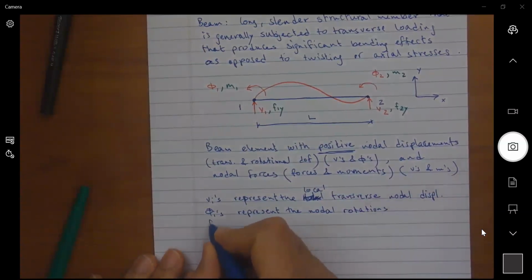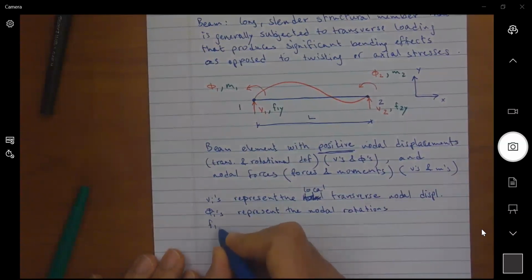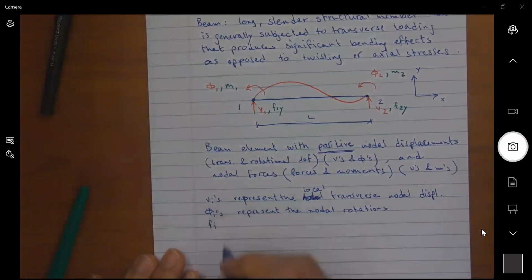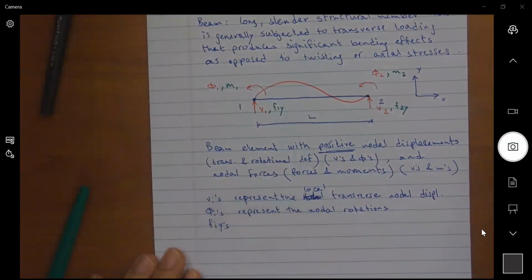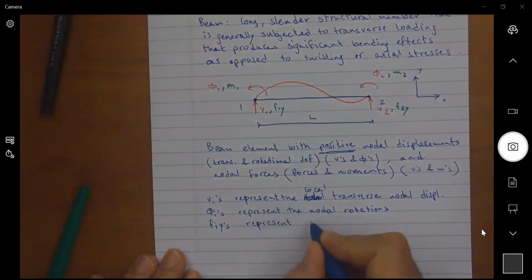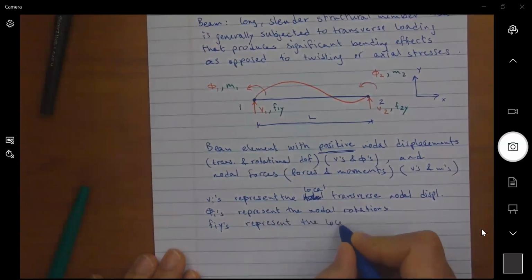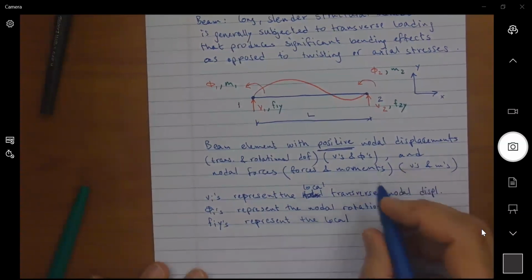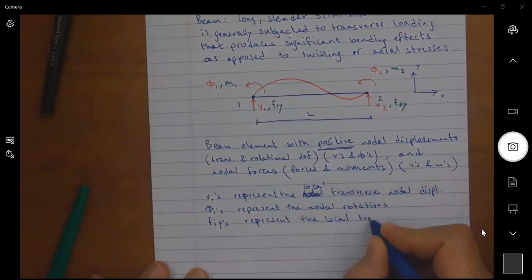The f_iy's here would represent local transverse nodal forces.